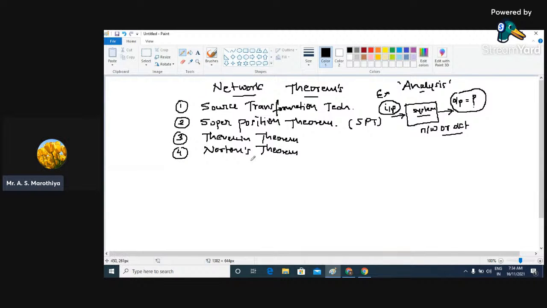Then fifth one is my favorite, the maximum power transfer theorem.